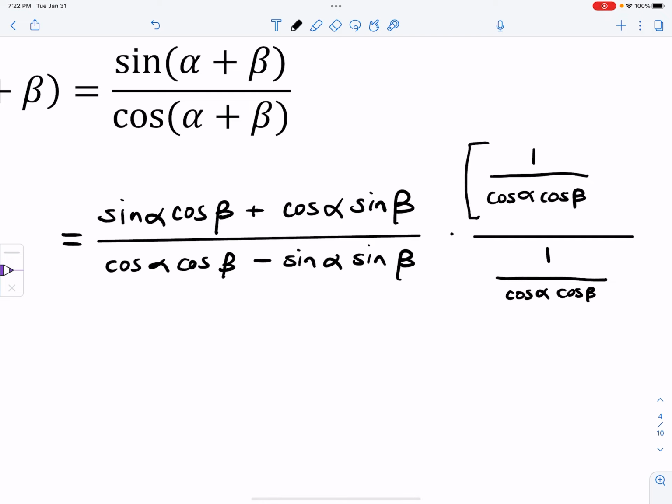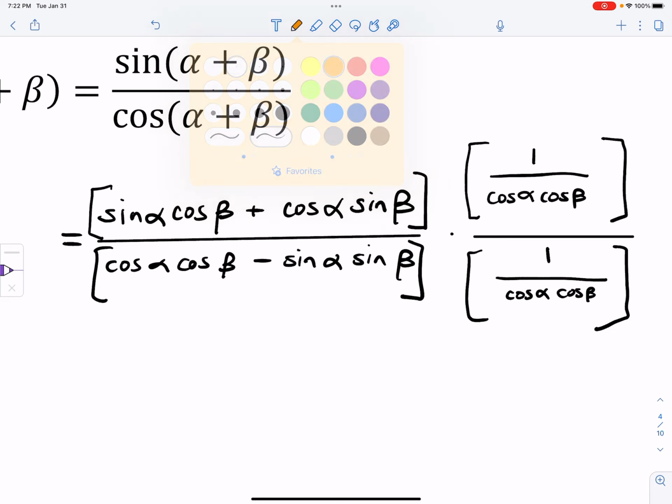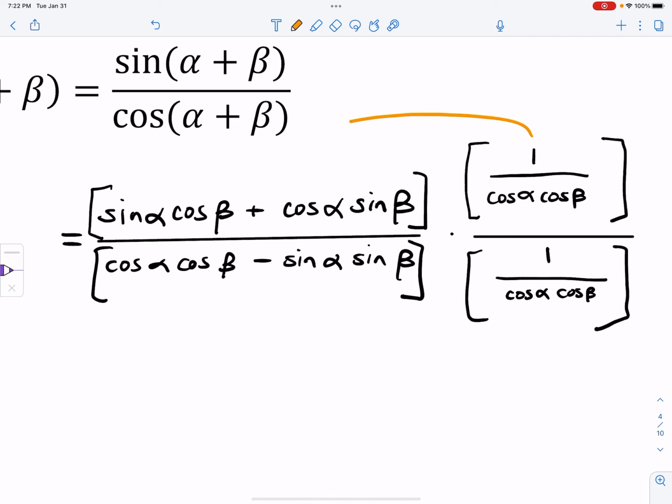Okay, so here's my big numerator, big denominator, and I'm going to put brackets around the numerator and the denominator to help me visualize how I'm going to distribute. So I'm distributing 1 over cosine alpha cosine beta over to sine alpha cosine beta.